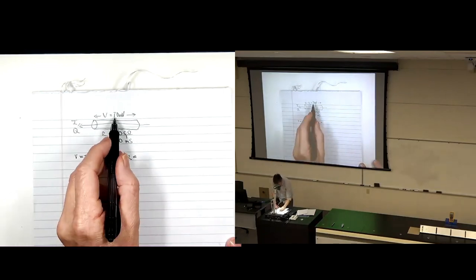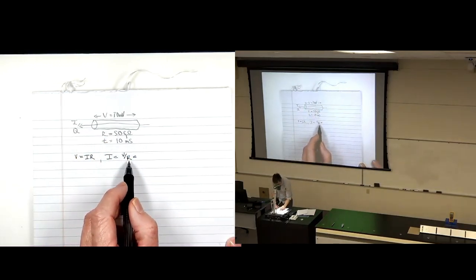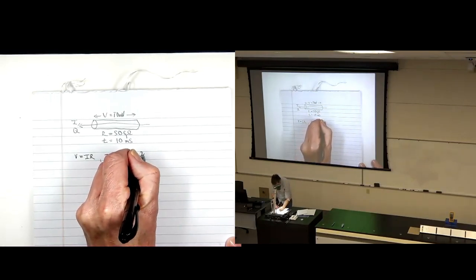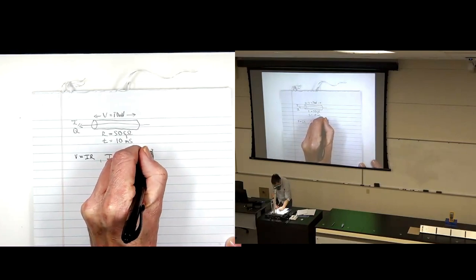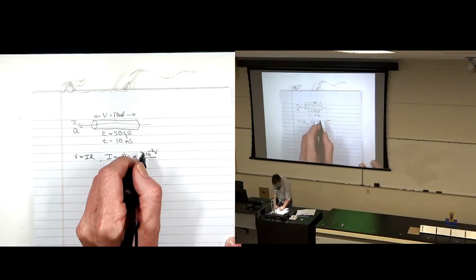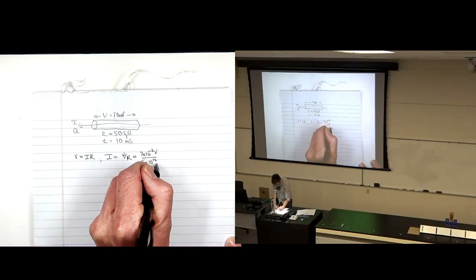And so I just got to plug in this 70 millivolts and this 50 gigaohms. So this is 7 times 10 to the minus 2 volts. Got to plug it in in the appropriate units. This is 5 times 10 to the 10 ohms.